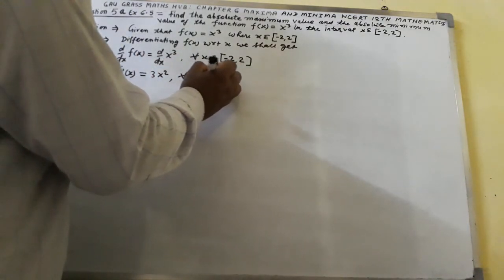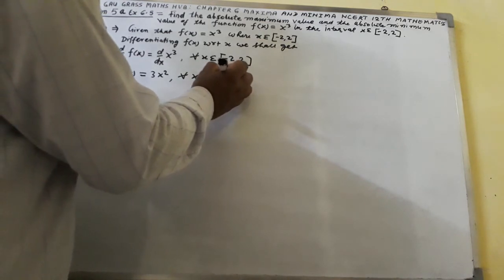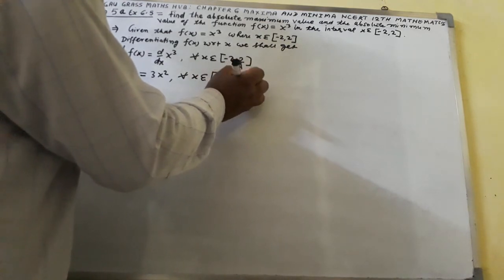Now again I shall write d over dx of f of x comes out to be f dash of x. Here f dash of x is the first order derivative of f of x, equal to d over dx of x cube, which comes out to be 3x square, for all x belongs to closed interval minus 2 comma 2 closed interval.